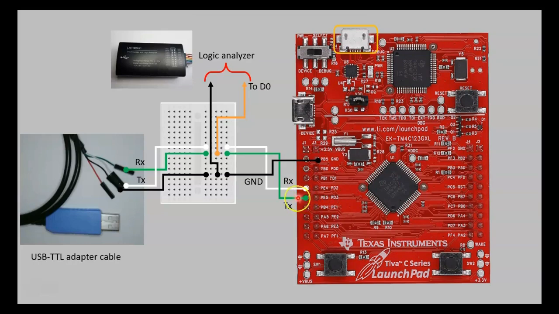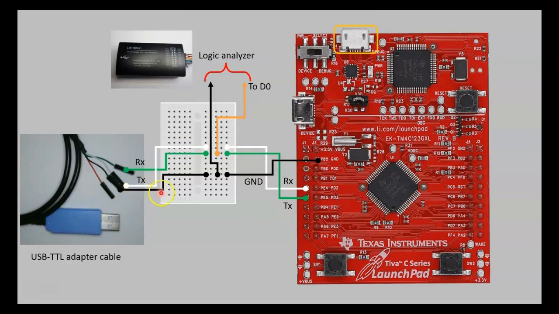This PE5, the transmit pin, is connected to the receiving cable or pin of the USB TTL adapter cable. And then PE4, which is the receive pin on the TM4C series board, is connected to the transmit cable or pin of the USB TTL cable.